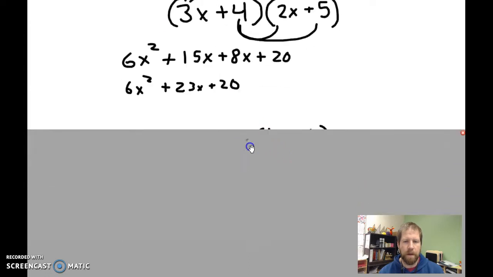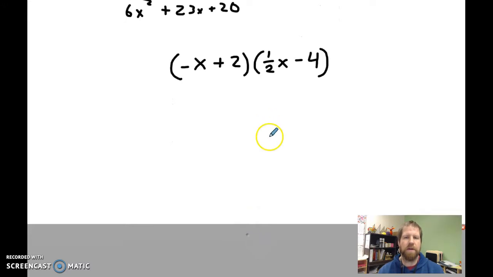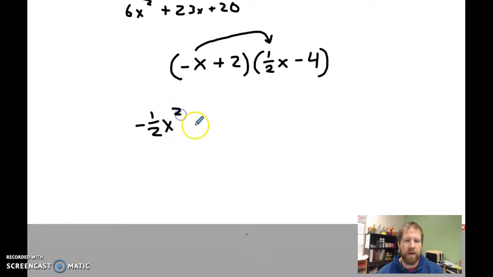Okay, all right. Do one more quick one. It's got some other stuff in here, but it shouldn't change too much. So first terms, I've got a negative x and a 1/2 x, so that's going to end up being negative 1/2 x squared. Okay, negative x times a negative 4, my outside, is going to be a positive 4x.